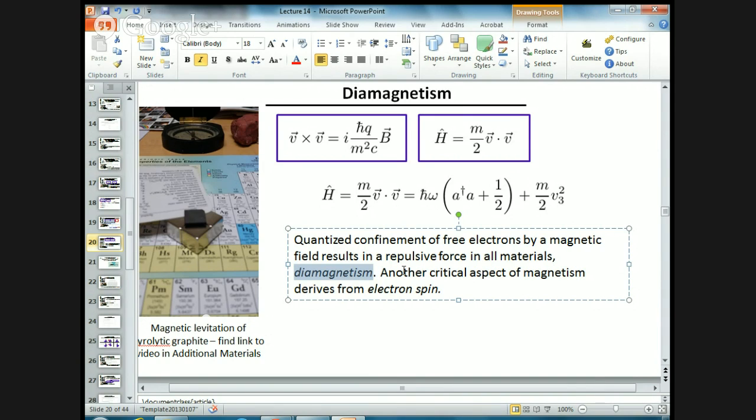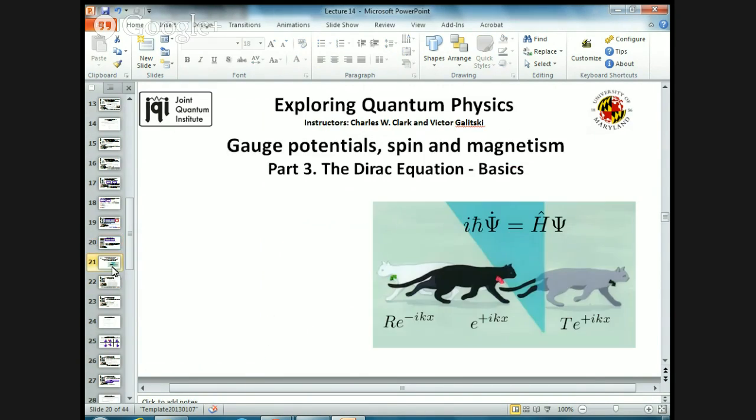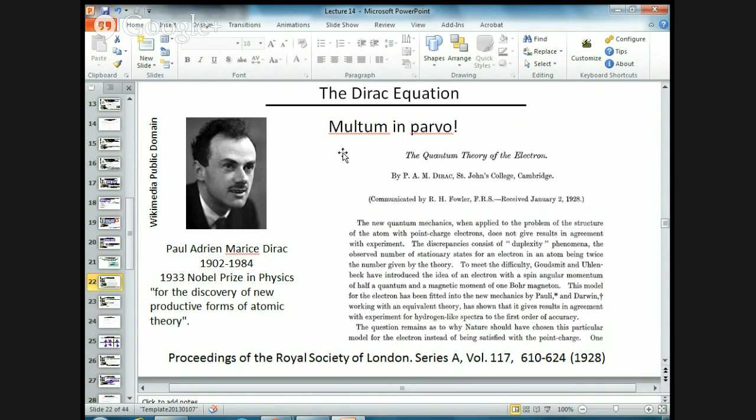What's electron spin? That's the subject of the next part, which you might say is a derivation of spin from the Dirac equation, which is, in my opinion, the simplest and most beautiful equation in physics, and it's the one that delivers the biggest bang for the buck.